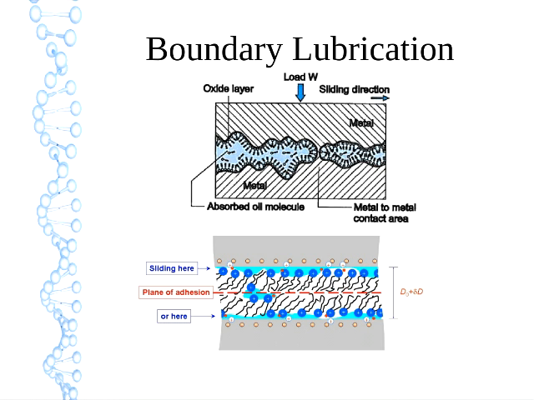So now we're moving on to boundary lubrication. Boundary lubrication, as we discussed earlier, you've got the substrate, surface metal. Both of these schematics on this slide show this. And along that surface, you've got molecules adhering to it.